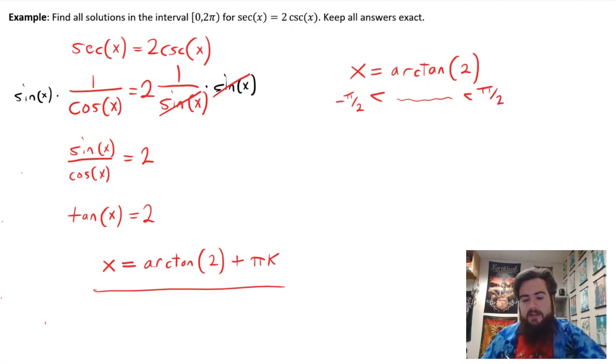And more specifically, because the ratio that we are working with here is a positive 2, that narrows it down even further, in that arctangent of 2 would have to be an angle measure in quadrant 1, or between 0 and pi halves. Now, if it's between 0 and pi halves, then that means it's between 0 and 2 pi for sure, so this angle measure works. Arctangent of 2 would be okay.